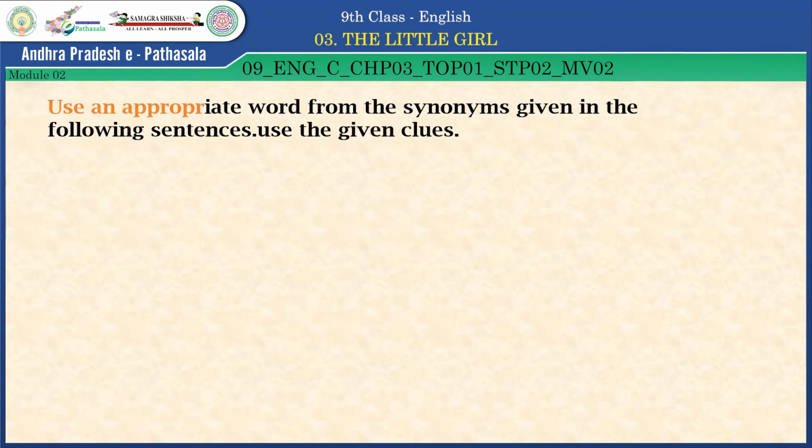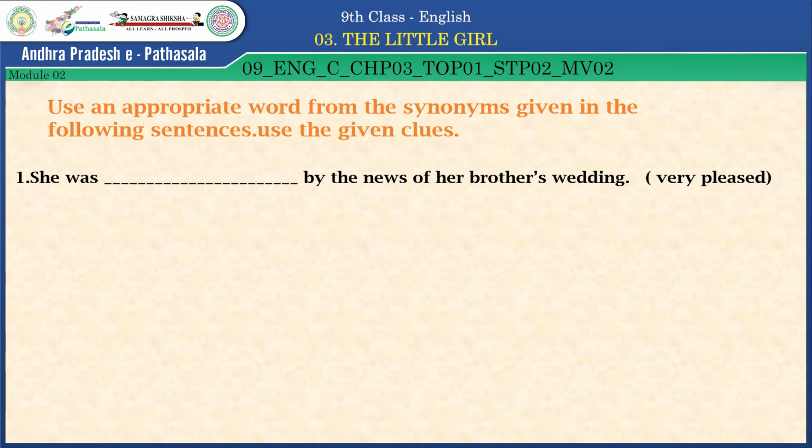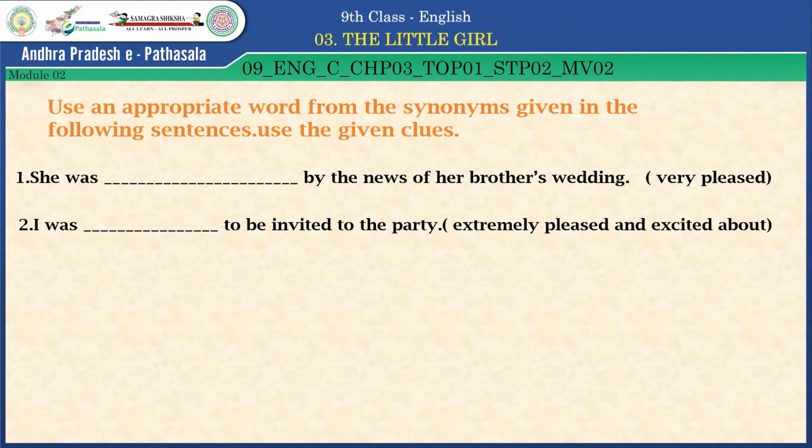Use an appropriate word from the synonyms given in the following sentences. Use the given clues. She was dash by the news of her brother's wedding. The clue is very pleased. I was dash to be invited to the party.